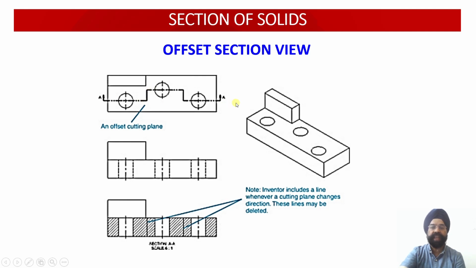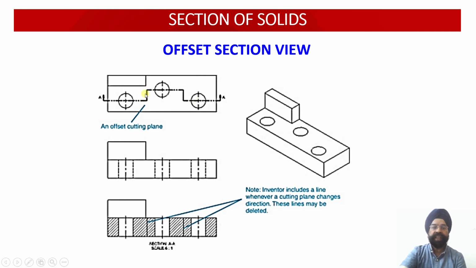Even though it is in the horizontal direction only, it will have flexibility to cover different segments of the object, so that in a single view I will be able to see this internal detail, this internal detail, and this internal detail of the object.